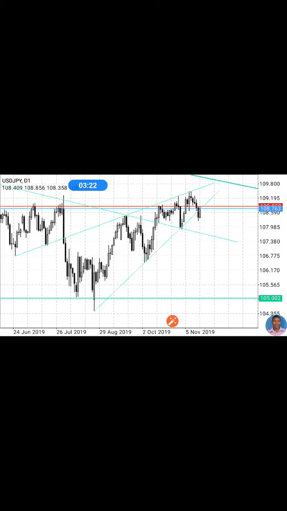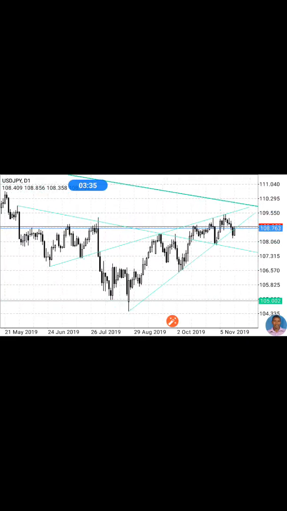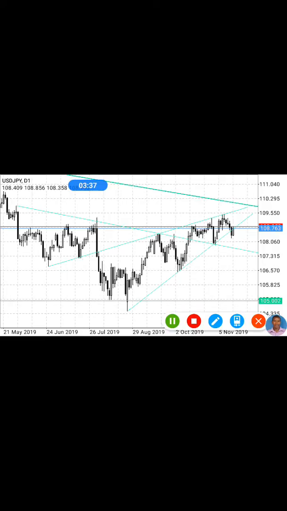We have also another line which is coming from this direction. This line has been respected from this point, it was respected at this point and respected again here.